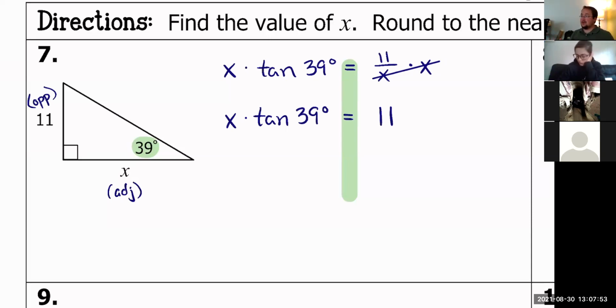So I don't have any fractions now. Hopefully I feel a little bit more comfortable, but my x is still not by itself. It's right next to tangent of 39 degrees. At first I think, ew, gross, how do I move that? But then I remind myself, tangent of 39 degrees is just a value like any other. Our calculator would give us that value. But like any value, you should divide both sides, not by 11, but by the tangent of 39 degrees, because I want the x by itself.